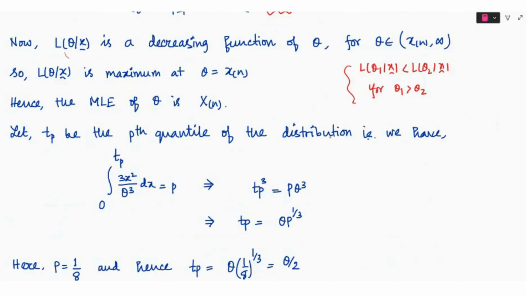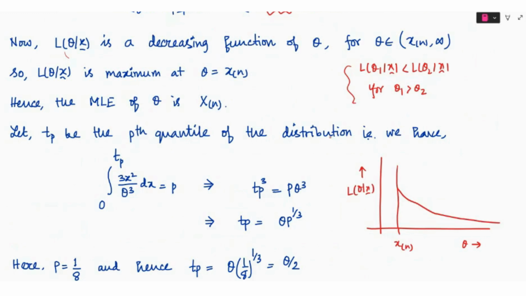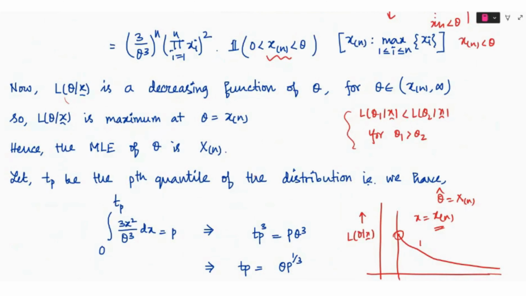If we draw the curve approximately, here is theta and here is L(theta). We observe that here is x order n. It starts from here, and from here the function is decreasing. So the maximum value of L(theta) is obtained at this point, which is at theta equal to x order n. Hence theta equal to x order n, the maximum order statistic, is the MLE of theta from the definition of MLE. So we have obtained the MLE of theta is x order n.